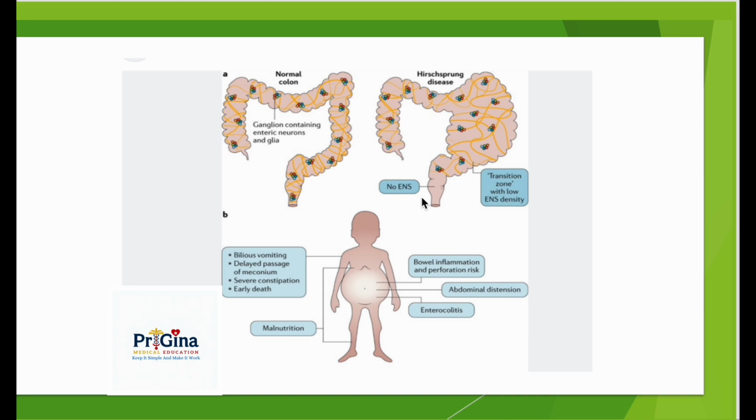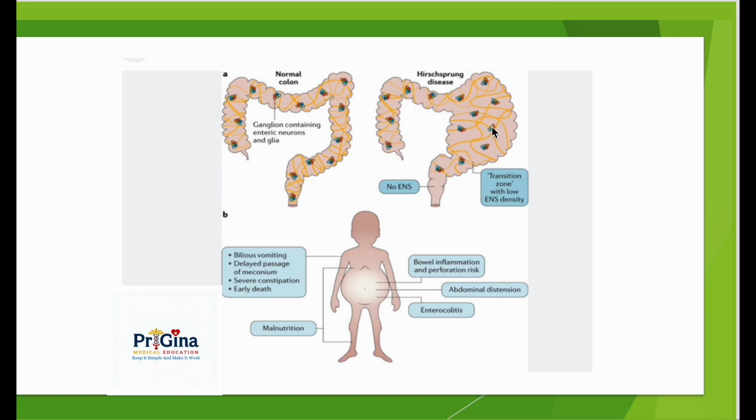There's a picture here depicting the pathophysiology of the disease. This is how a normal colon looks. There are always enteric neurons along the colonic wall, which help in propelling food in the intestines. During Hirschsprung's disease, there's abnormal migration of these enteric neurons.